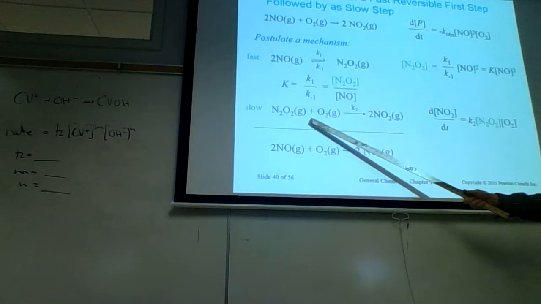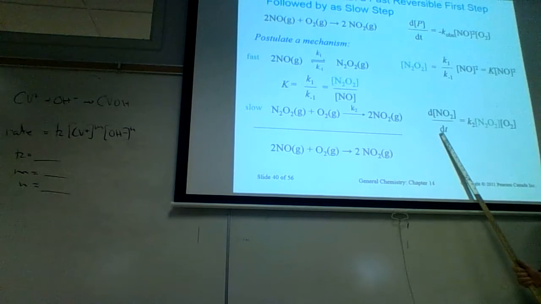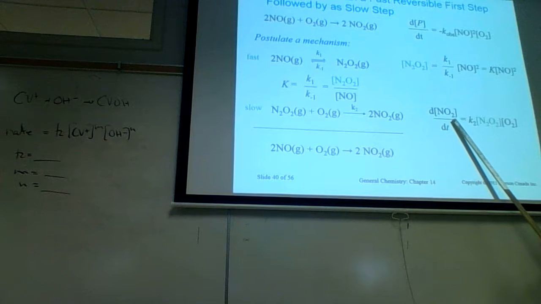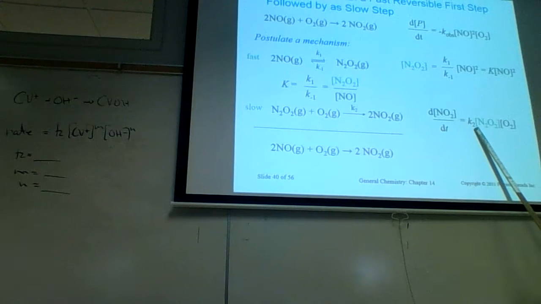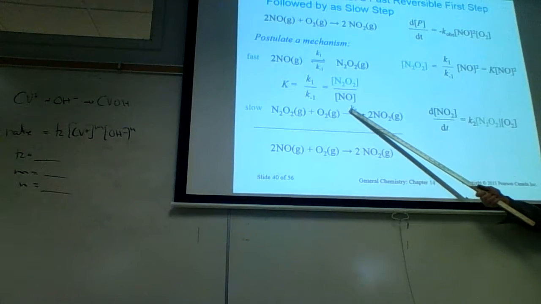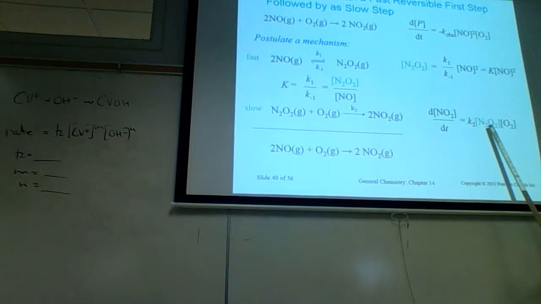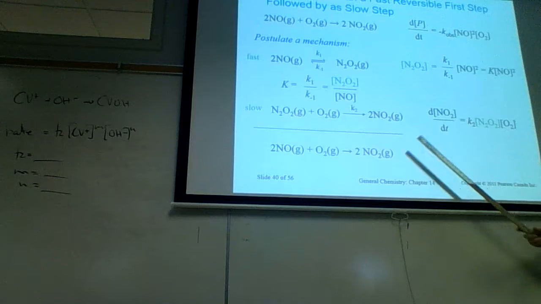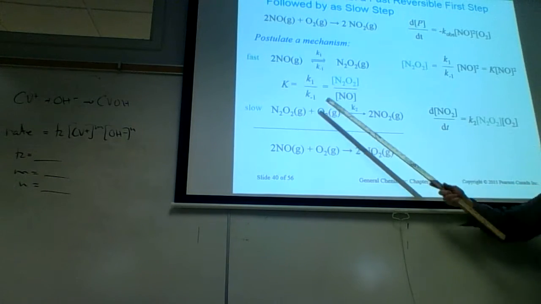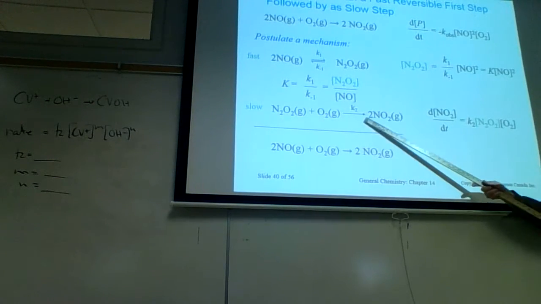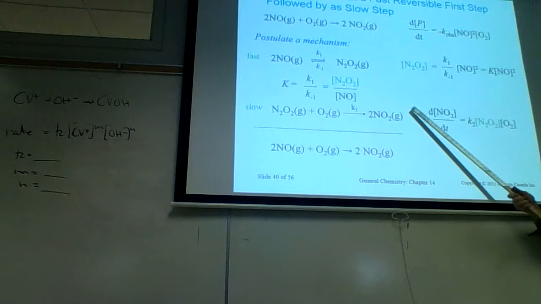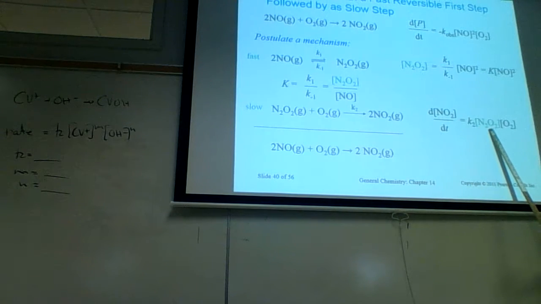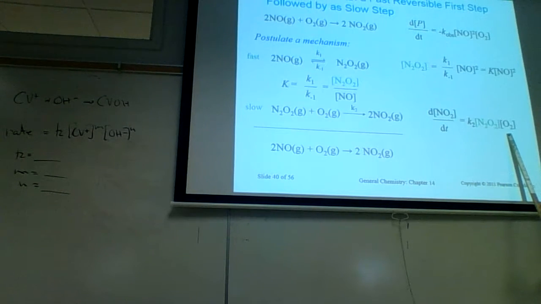And so the rate of the slow step here, the rate of production, is equal to k2, the rate constant for this, times the N2O2 concentration to the first power, times the O2 concentration to the first power. So it looks like the rate of the slow step here is first order in N2O2, first order in O2.